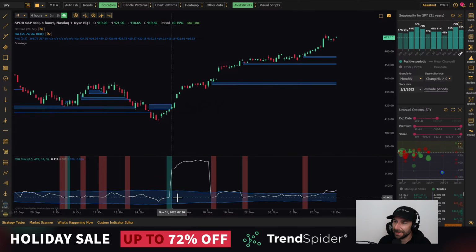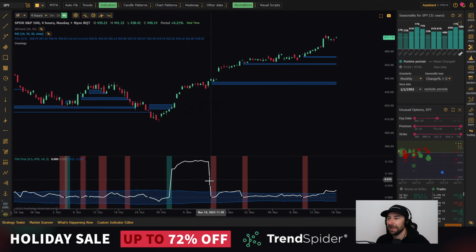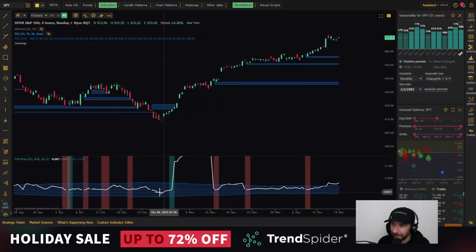If the white line is above the 0 line, then the nearest gap is below the current price. If the white line is below the 0 line, like in the case right here, then the nearest fair value gap to price is above it. And you can see there's the nearest fair value gap, price is below it, right? So the white line is below it.